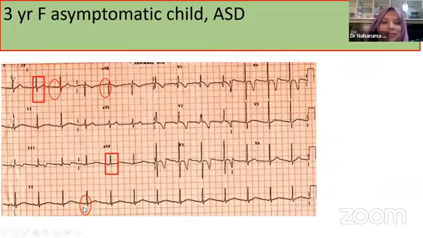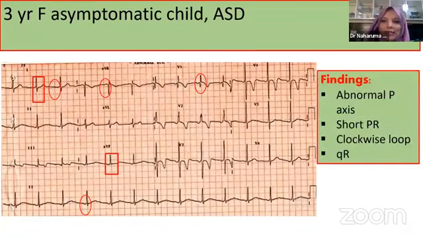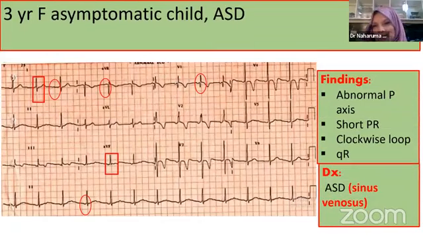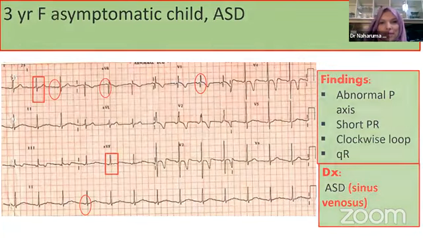I have just mentioned that in sinus venosus ASD, if the sinus node is not in the usual site, the axis may come from the lower quadrant, and it may be near the AV node. So the PR interval is short. And if we see the QR pattern, this is RBBB due to volume overload, and this is suggestive of ASD. So this ASD is sinus venosus ASD. This P axis and short PR interval tell us that this ASD is sinus venosus type.